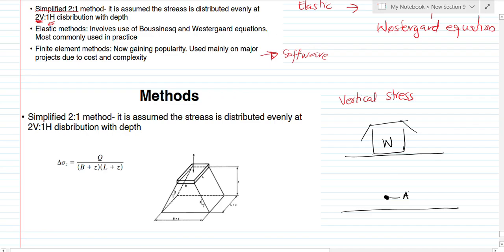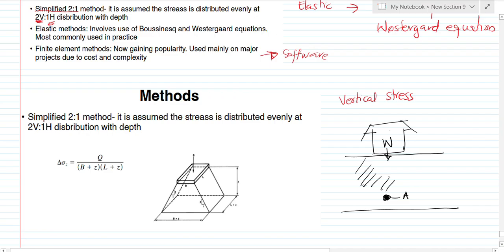Now, the vertical stress increase is simply the stress that is acting at this point as a result of this weight. Although at this point, there's going to be a geostatic stress, that is the stress as a result of the soil above this point. There's also going to be a stress as a result of what? This structure on the soil at this point.